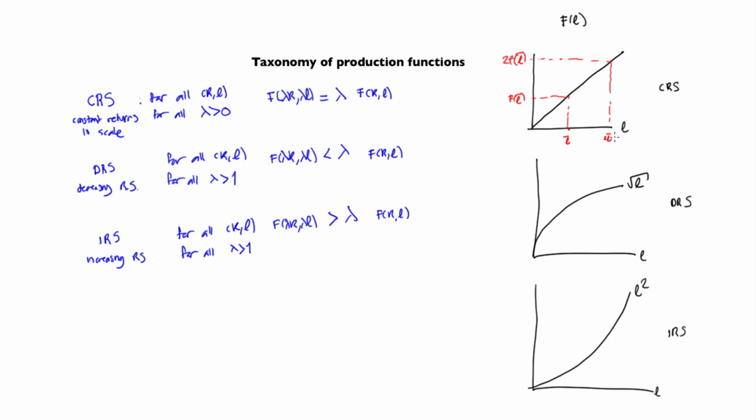Now, ask yourself what happens in this particular case. So let's say we are at L bar, and this is the level of output f of L bar. And now we double as before L bar. Now, if things scale linearly, we should have been at this point. But instead, we end up being at this point. This is f of 2L bar, which is less than what we have gotten here, which is 2 times f of L bar.